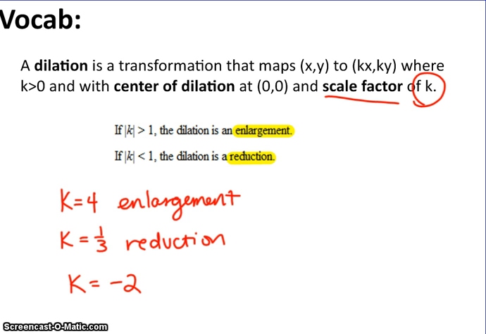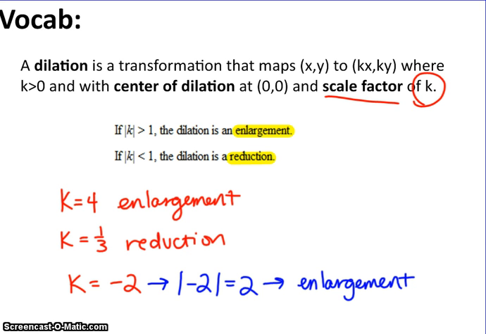The absolute value of -2 is 2. Remember, absolute value will always be positive. If it's negative, it changes to positive. If it's positive, it stays positive. So since the absolute value in this case would be 2, this is an enlargement. So you've got to be aware of that.